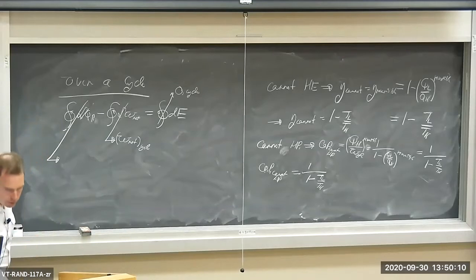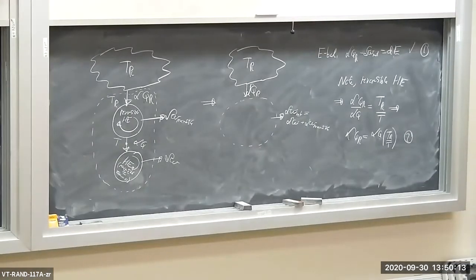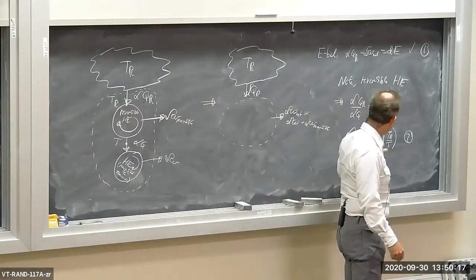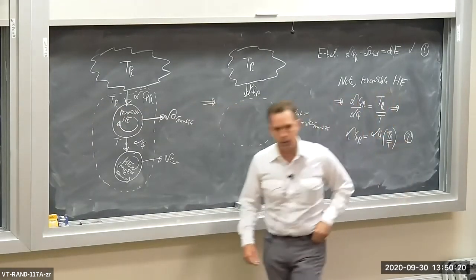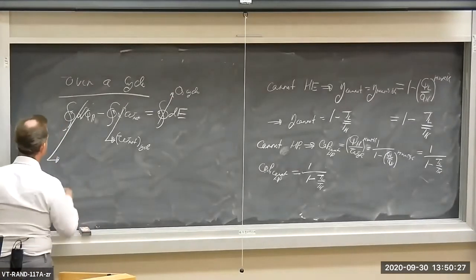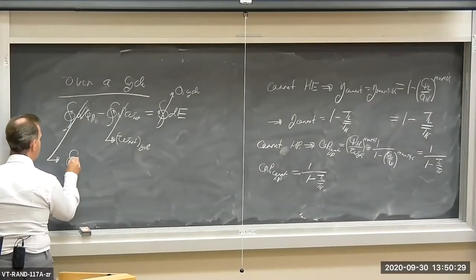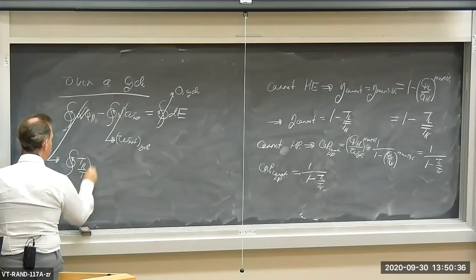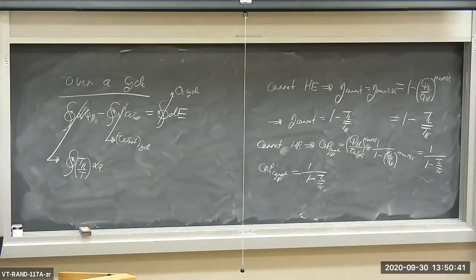Remember, equation 2 gave us the differential heat transfer del QR equals del Q TR over T. So I substitute that into the integrated heat transfer for my composite device. I have a cyclic integral of TR over T del Q. That's what my cyclic integral for the heat transfer becomes.